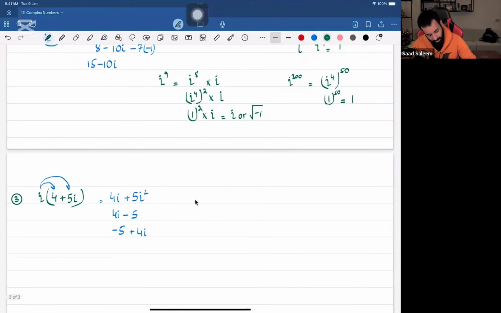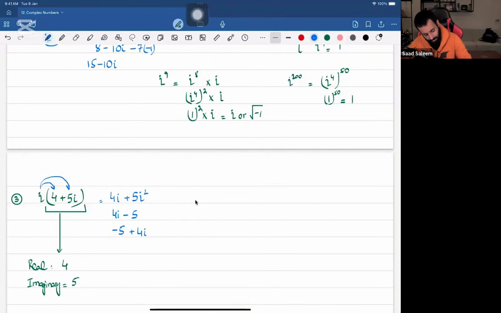So if you look at this number, let's say the real component of this was 4 and the imaginary component was equal to 5.